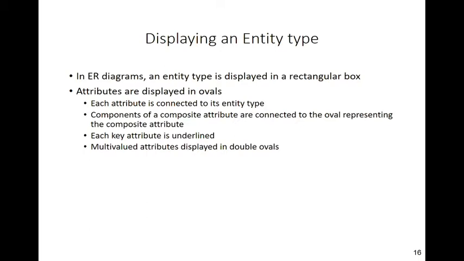We do underline the secondary keys, and we will be talking about something else called foreign keys later, so different types of keys. We have different ways of underlining, so if you look at it, you know whether it's a primary key, secondary key, or a foreign key. So they talk about it being underlined, but I want you to understand that there are multiple ways to look at the way that we're actually going to do this. And multi-valued attributes are displayed in double ovals.